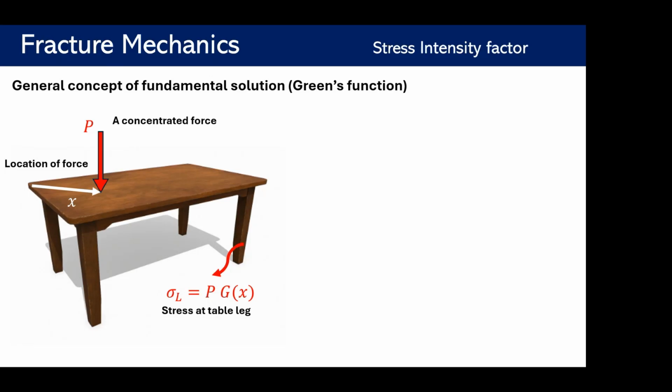And I want to find, for example, the stress induced at this table leg as a function of P. So I want to find the response of the system, for example, at a specific leg of this table, due to a concentrated force P. If I can find this response, I can call it G. And this G is called the fundamental solution of the problem. The response of the system to a concentrated load.